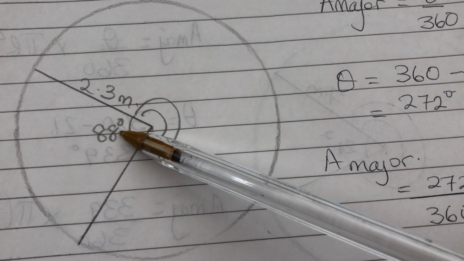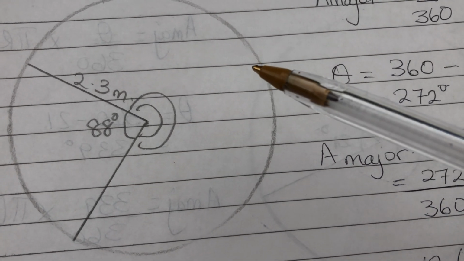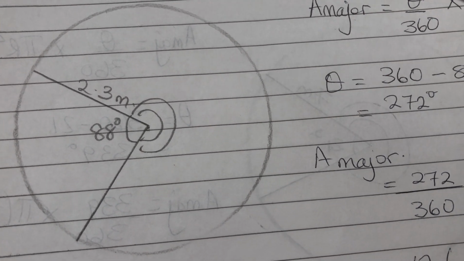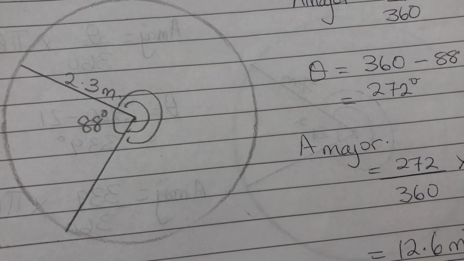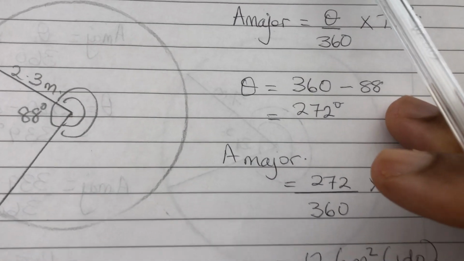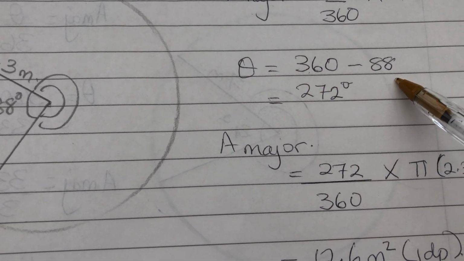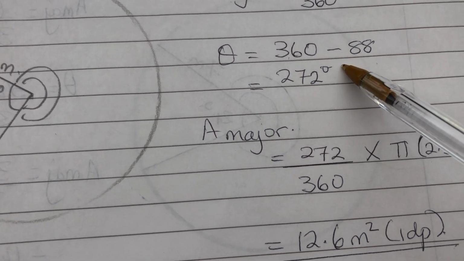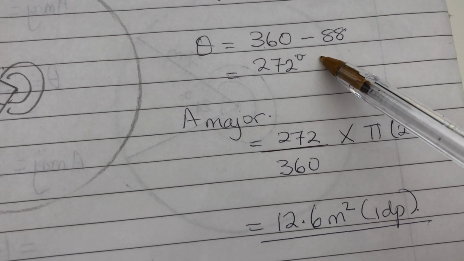If you use the 88, then that is the minor sector. So even though you might get an answer, that might not be the answer. You should read the question again. It's very important. If you take 360 minus 88, you get 272 degrees. So that is the angle you need to use to solve.